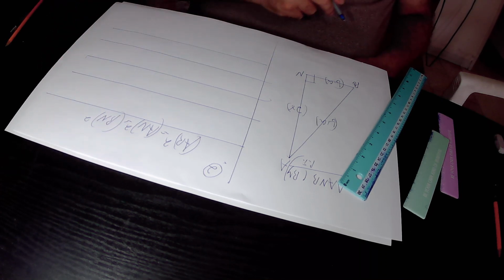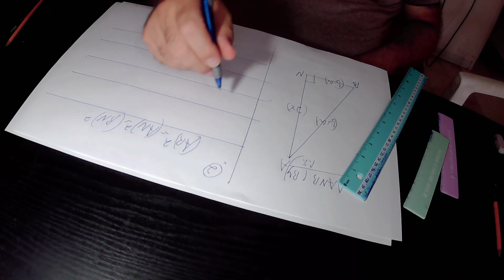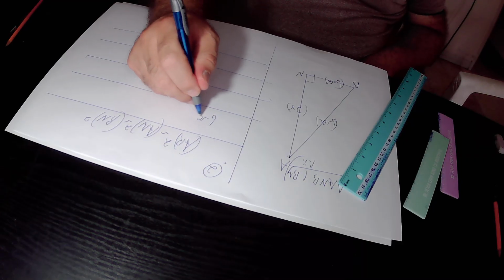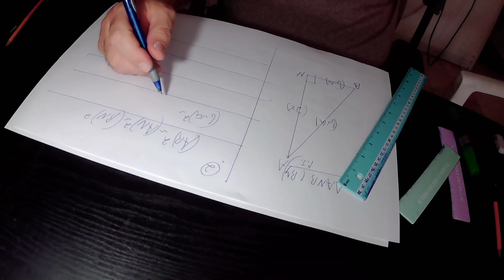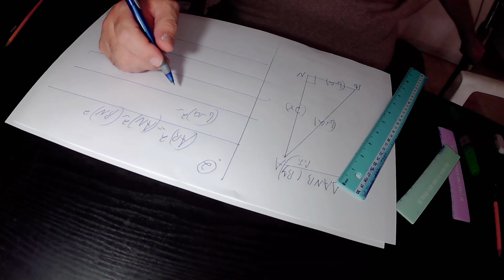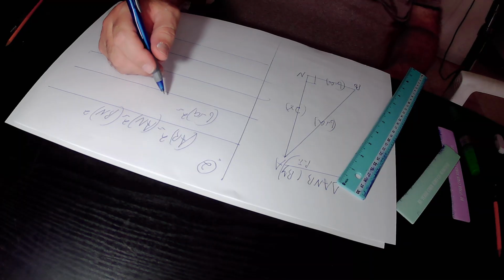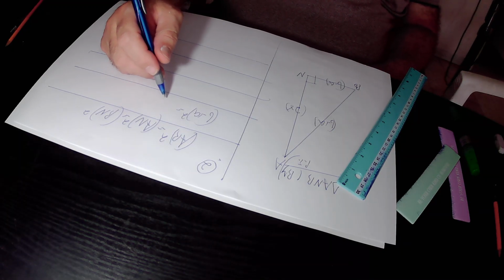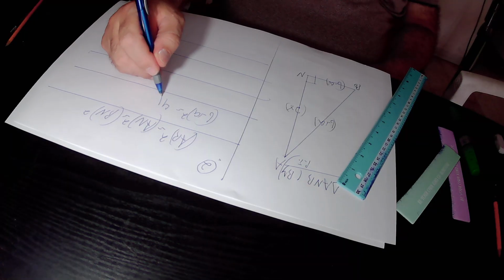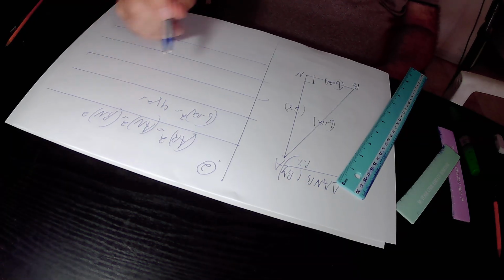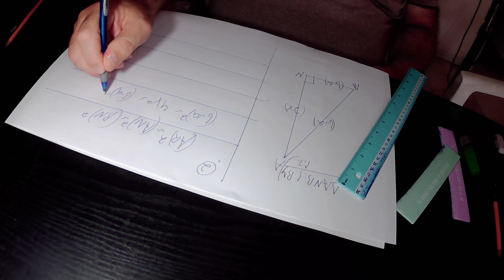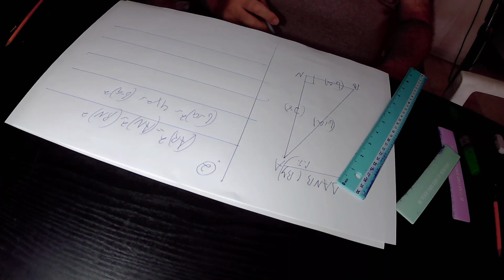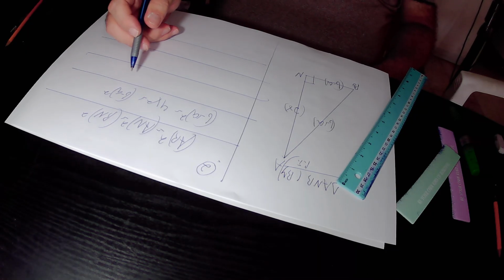The hypotenuse AB is equal to B plus A units, therefore AB squared is B plus A squared, and it is equal to AN squared. AN is 2X, therefore AN squared is 2X squared, that is 4X squared, plus BN squared. BN is B minus A, therefore BN squared is B minus A squared. So in total, according to the Pythagoras theorem, B plus A squared equals 4X squared plus B minus A squared.